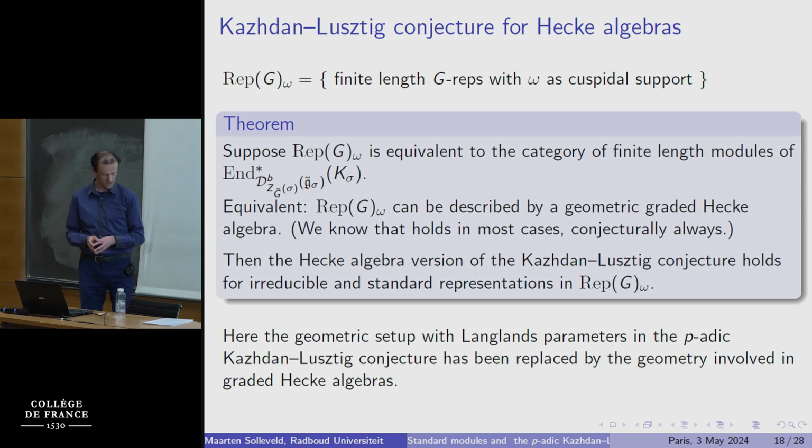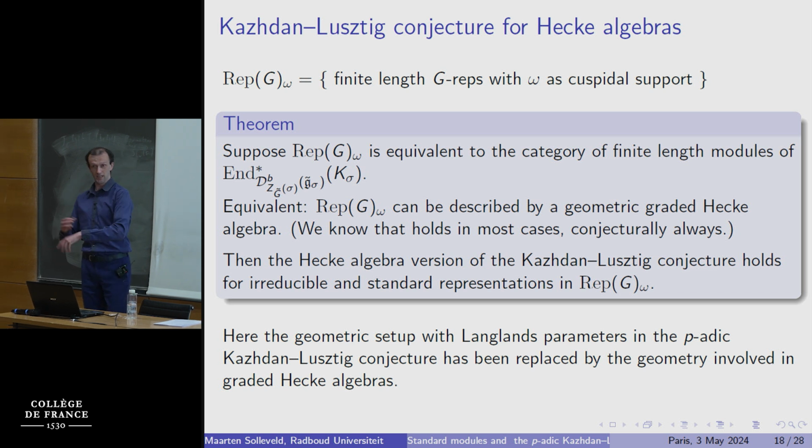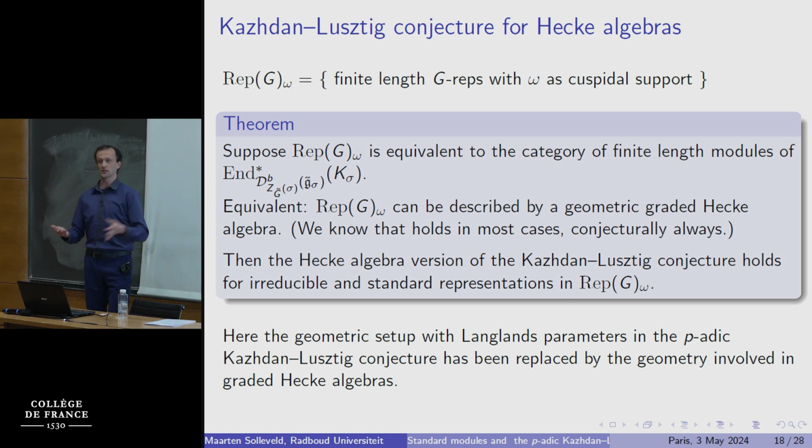It's not exactly the Kazhdan-Lusztig conjecture, because I haven't used the local Langlands parameters anywhere. So I cannot say I've proven this, because I haven't even used the Langlands parameters. But it's very similar, because it always involves complex reductive groups, and things which look like Langlands parameters to some extent.